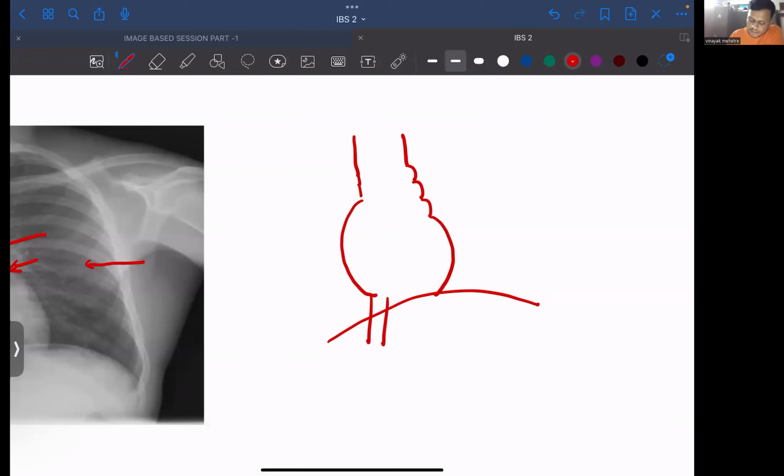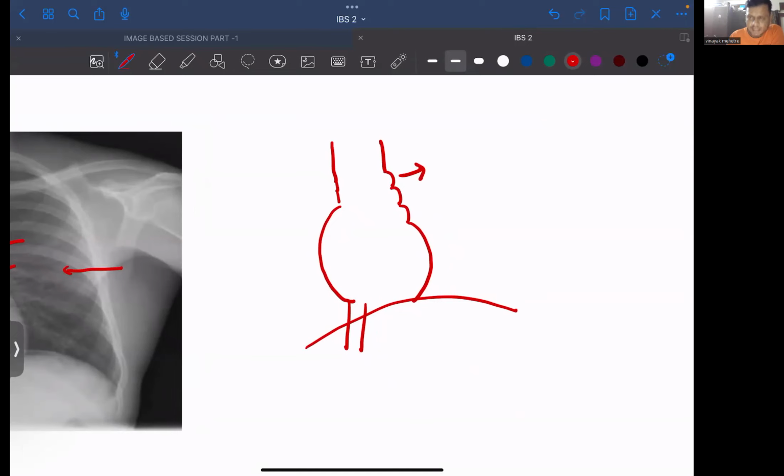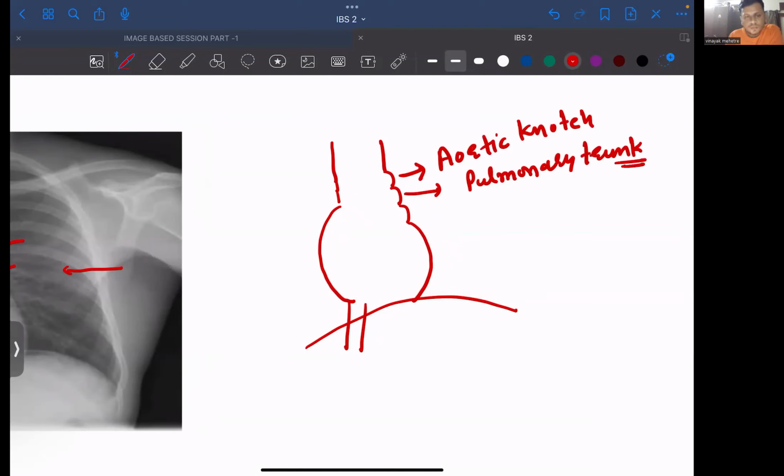First notch on chest X-ray is the aortic notch. Second curve is the pulmonary trunk. Third curve is the left atria, and the last large curve is the left ventricle. What is it? It is the left ventricle.